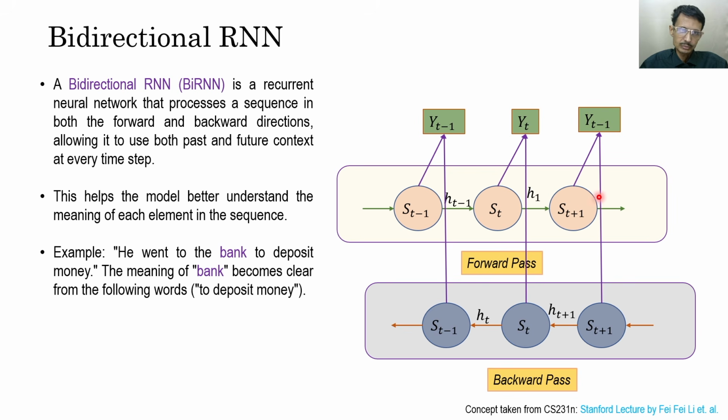Now in bidirectional RNN, the RNN not only does the forward pass with time, it also processes the sequence in the backward direction, in reverse.